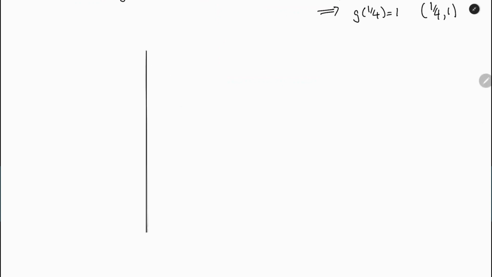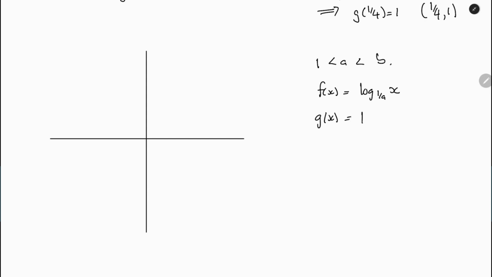if I draw my axes again, I'm going to do the general case now. So again, we say we have 1 less than a less than b, and we're going to let f of x equal log base 1 over a of x, and we're going to have g of x equal log base 1 over b of x. I'm going to let this be the green and this be the blue.